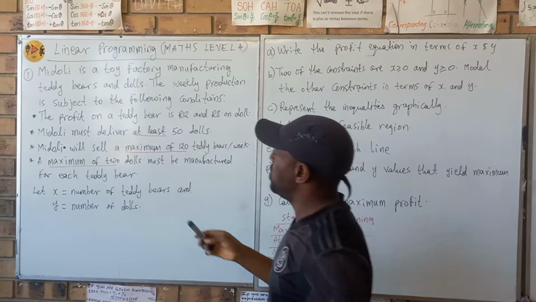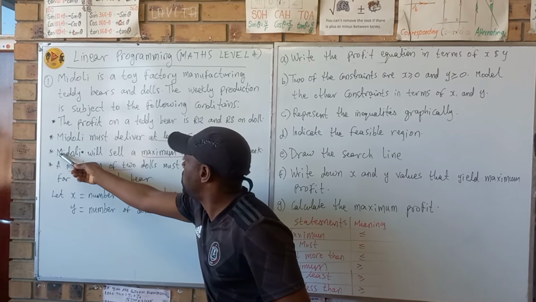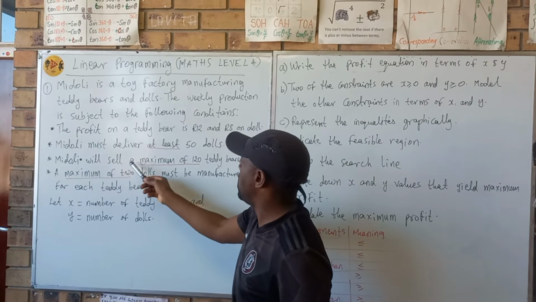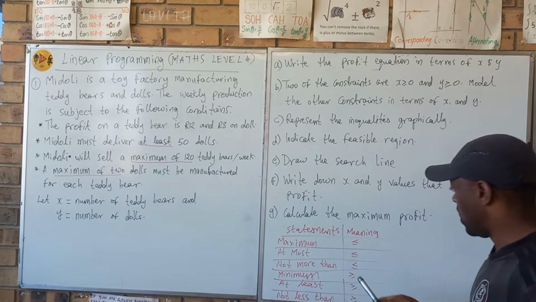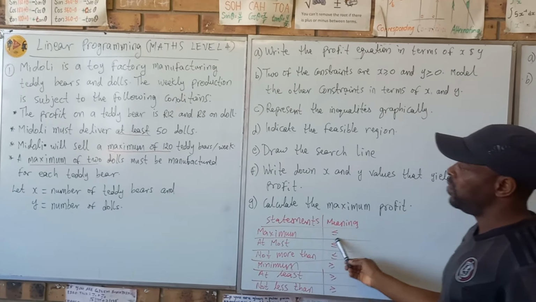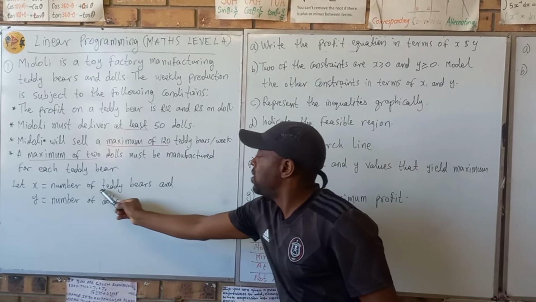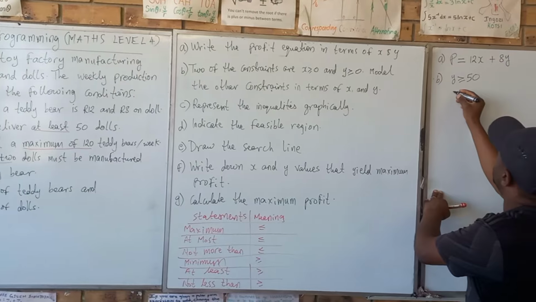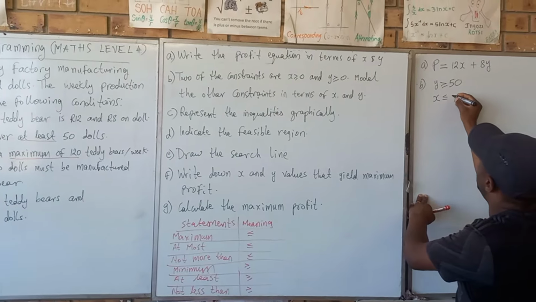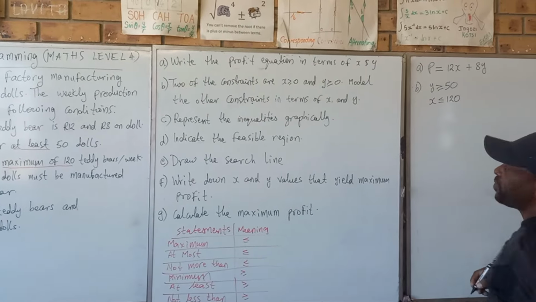Then the second condition, or the third condition, says Midori will sell a maximum of 120 teddy bears. Maximum is less than or equal to, and the number of teddy bears is X, so I will say my next constraint is X less than or equal to 120.